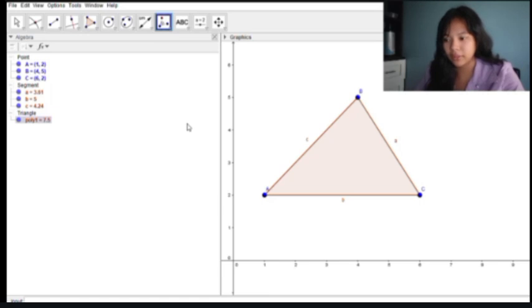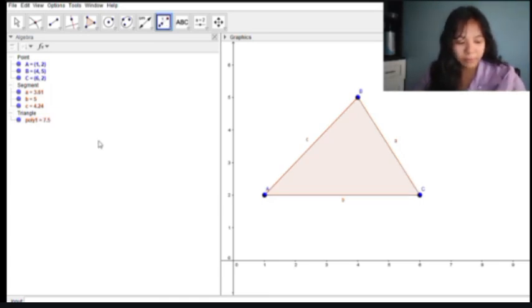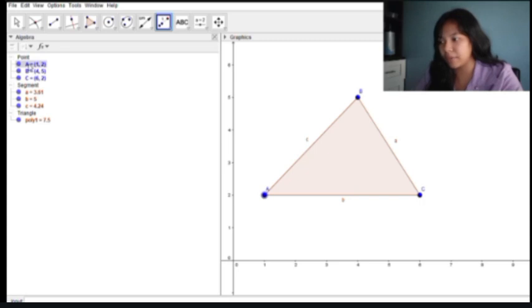dilate from a point. Earlier, the problem says the point P, which in our case is 1, 2. We can change the name if you want to.